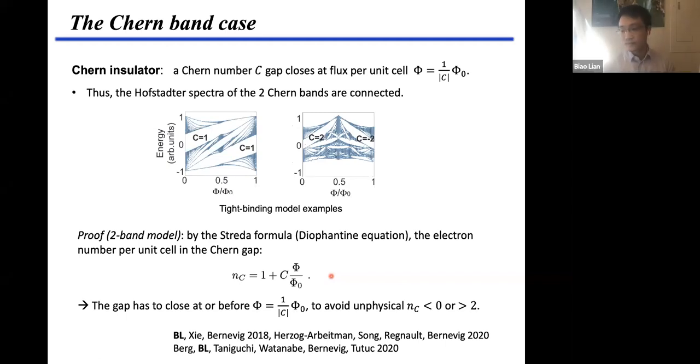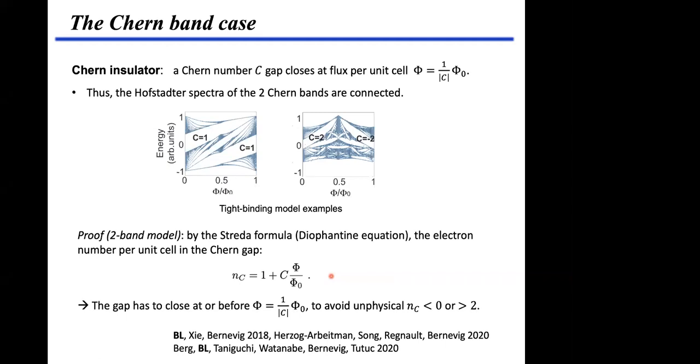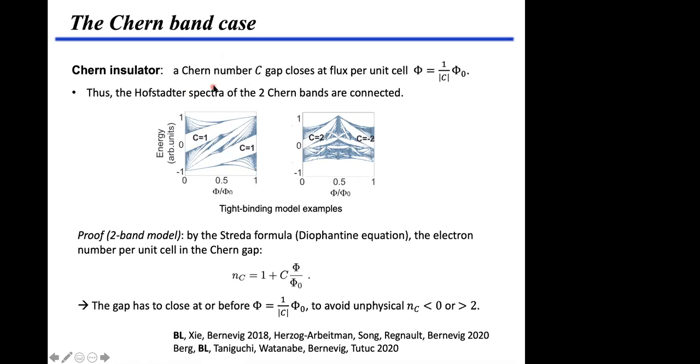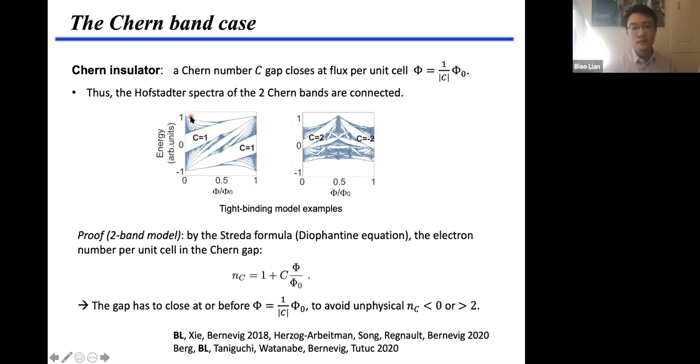So here you're talking about a two-band model, right? But it seems like the argument you gave before didn't depend on having a two-band model. Is that right? Yeah. Actually, as long as the other bands are far away. Another thing that could happen is that this higher band merges with a third band before this gap closes. Then the situation could be a little bit different.